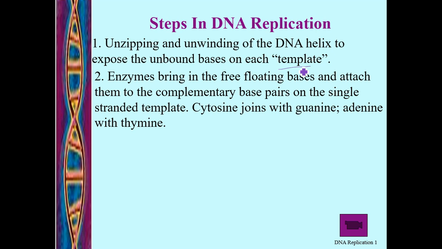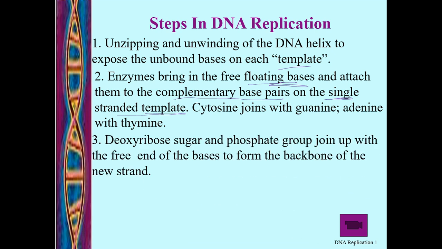They want to be attached to some other complementary base, the complementary nucleotide. So enzymes are going to bring in the free-floating bases. It's really the nucleotides, of course, with the bases attached to them, and they're going to attach to the complementary base pairs on that single-stranded template that we created when we separated the DNA. And again, we see the complementary base pairing indicated here as well.